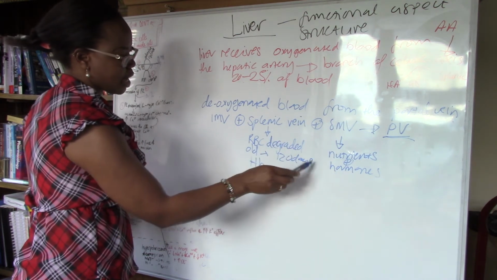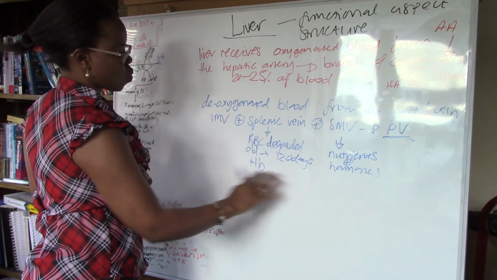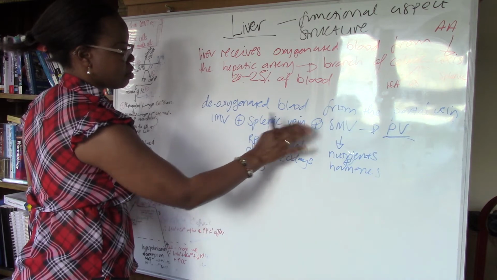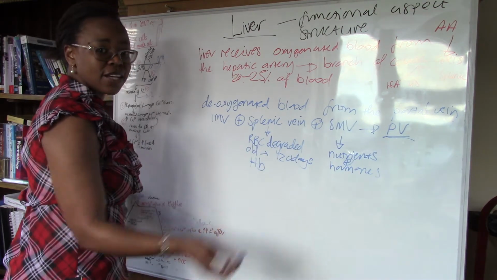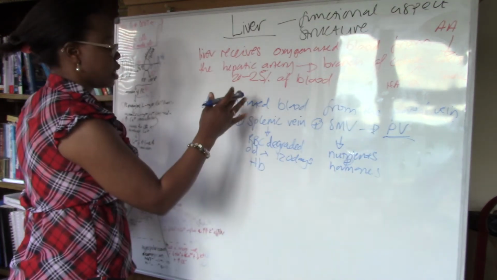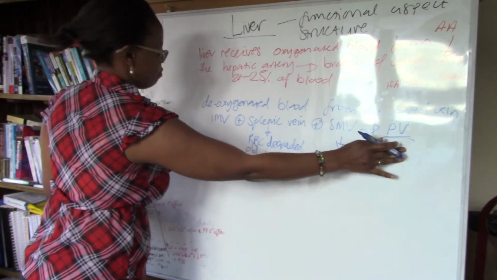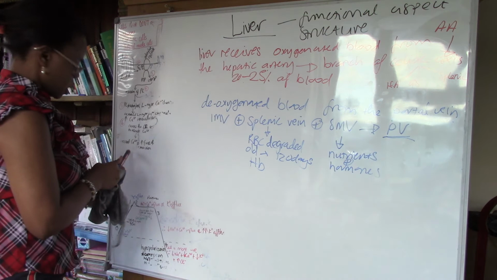So after 120 days, they are degraded in the spleen. But I'll discuss all of this when I talk about the spleen, not the splenic vein. They are engulfed by the resident macrophages of the spleen, and then taken to the liver via the portal vein.